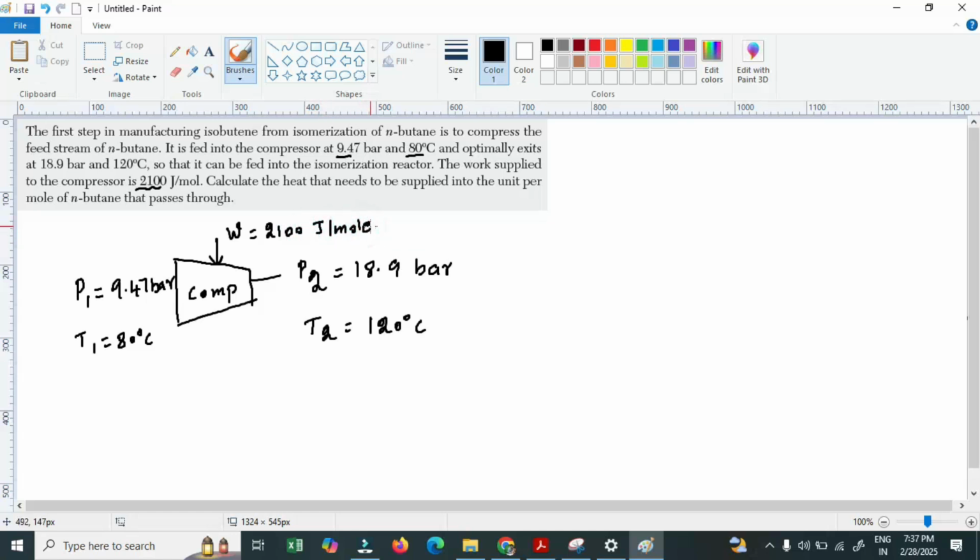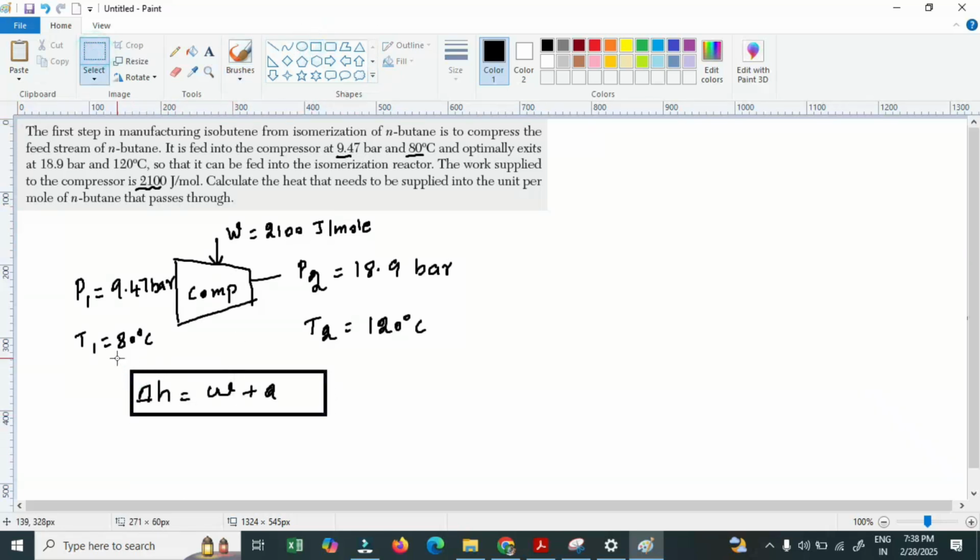Therefore, the first law of thermodynamics gives us del H, the change in enthalpy, equal to Q plus W, where Q is the small q.